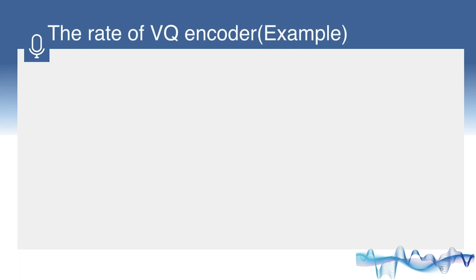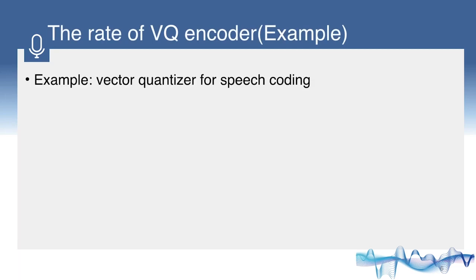Here is an example of computing vector quantizer rate for speech coding. There are some parameters like LSP coefficients that can be quantized with the VQ method.